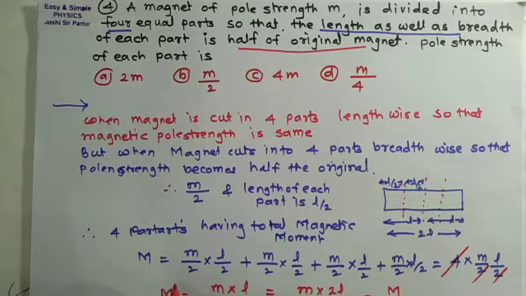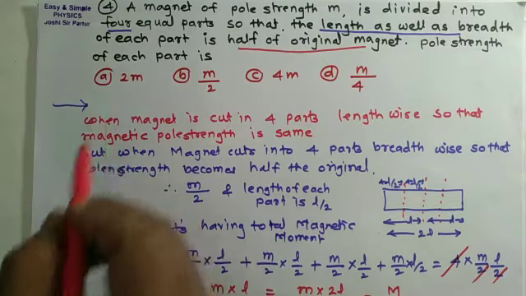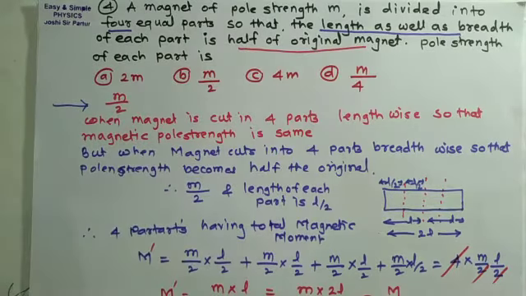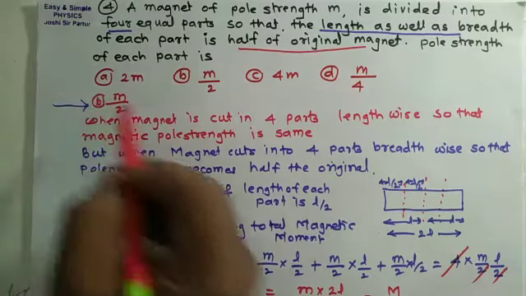Or we can say that m dash will be m upon 2. So here the pole strength of each part becomes m upon 2. That is option B.